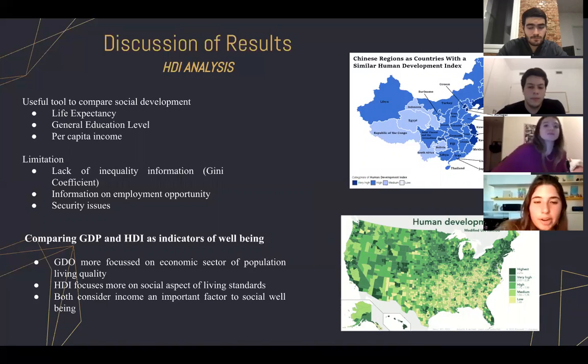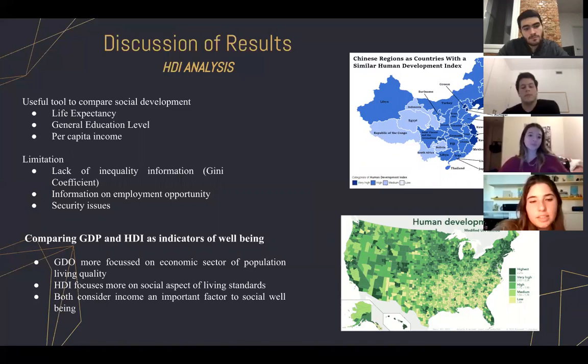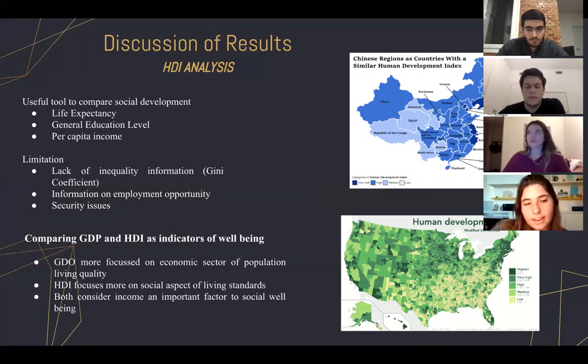When comparing both indicators as measures of well-being, we can identify that, on one hand, GDP analyzes the life quality based on purchasing power and the government's investment in the country's fixed assets to ignite economic growth. And on the other hand, the HDI indicator focuses more on the social aspects of standards of living, like the availability of basic education and healthcare systems.